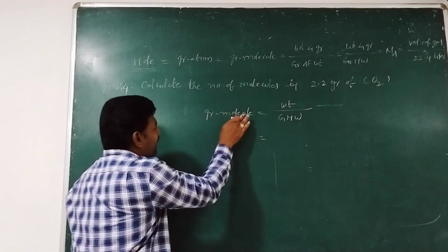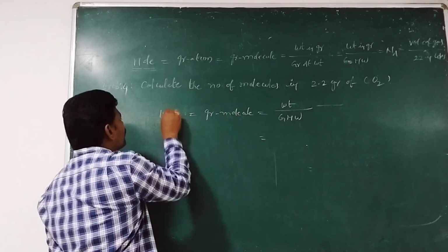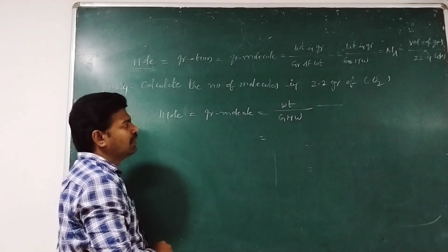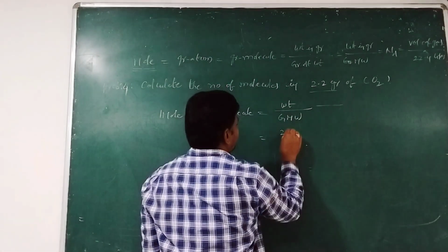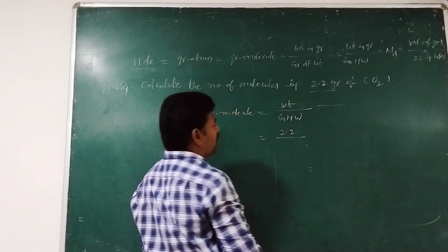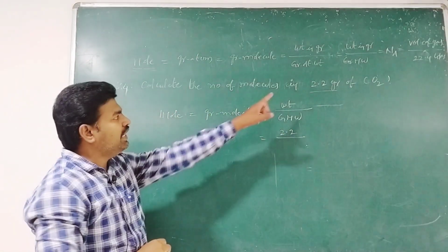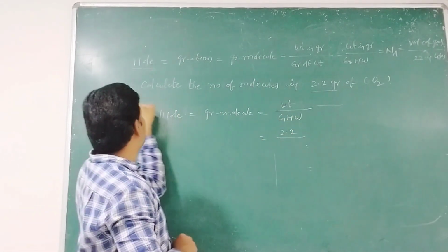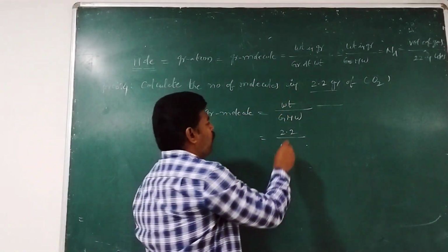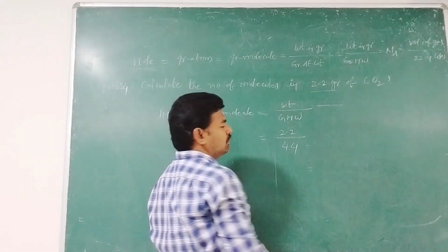Here the weight is 2.2 grams, and the gram molecular weight of CO2 is 44.